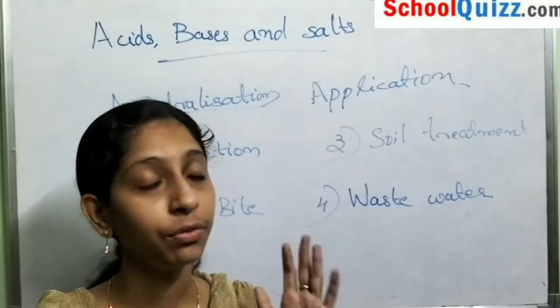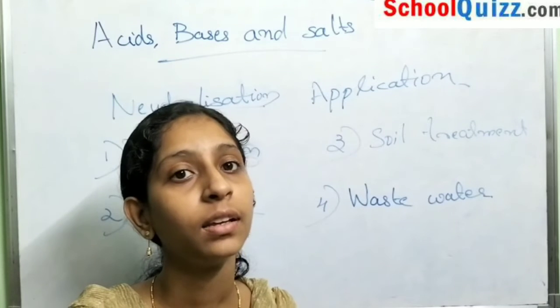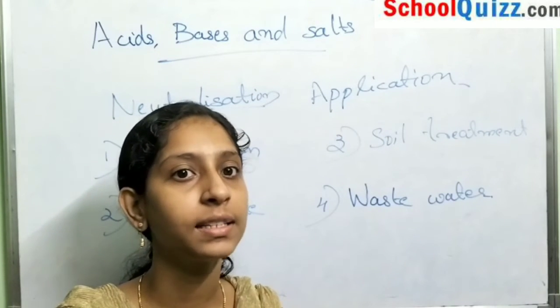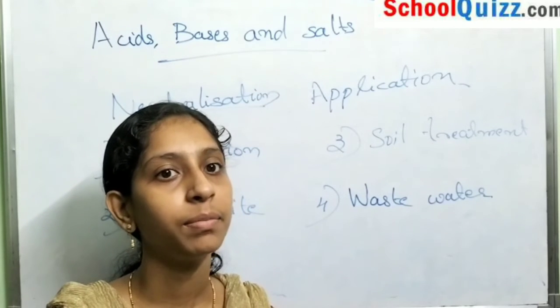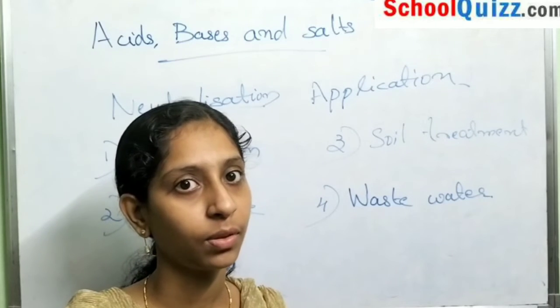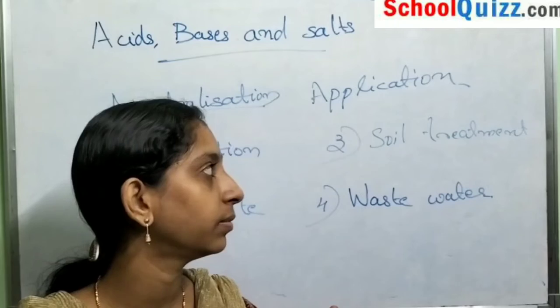If the soil is basic, we use organic compounds like compost. It produces acids, and these acids react with the bases present in the soil and neutralize them. This is the way we treat soil.